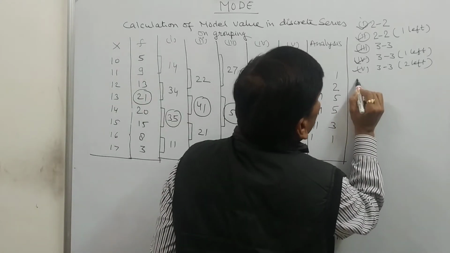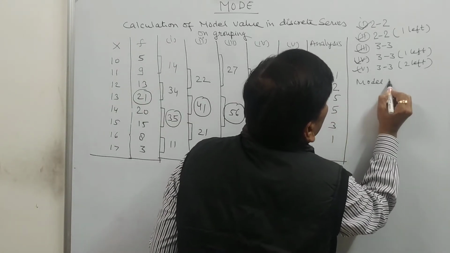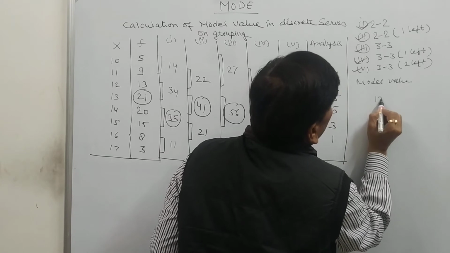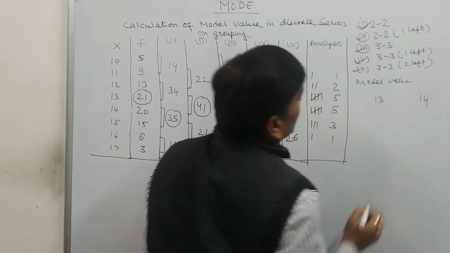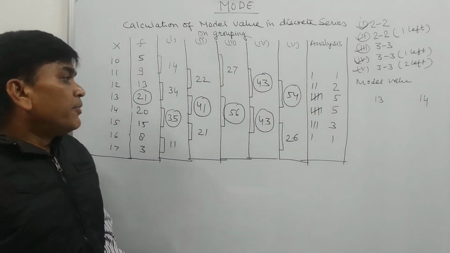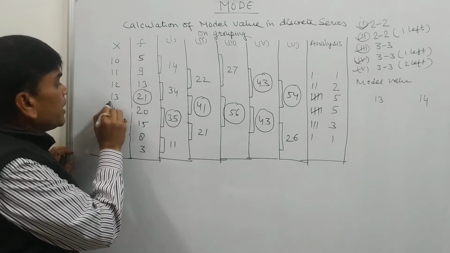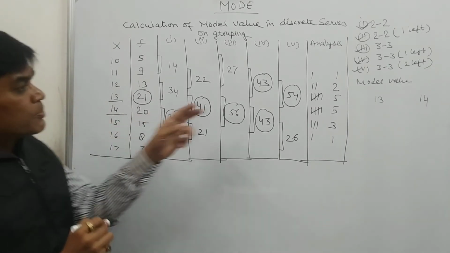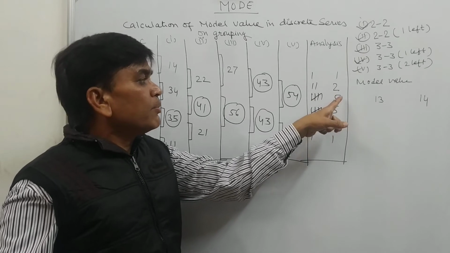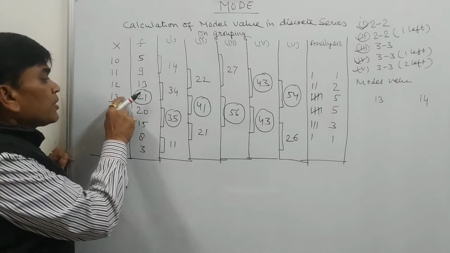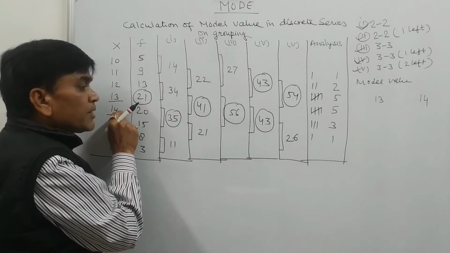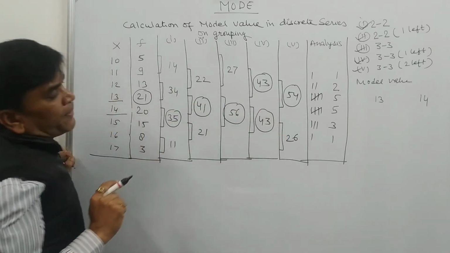So our mode value may be 13, may be 14. This is quite confusing because our mode value may be 13 and may be 14, because both are in the analysis table. In front of 13 there is 5, and in front of 14 also there is 5.